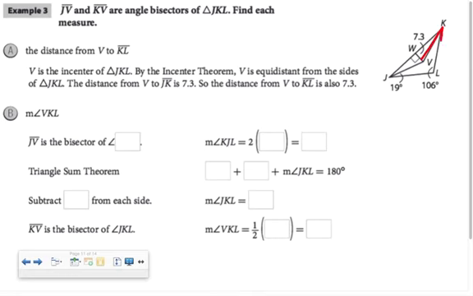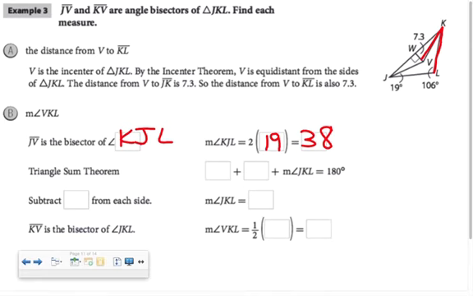That's this angle here. Well, I know that JV is the angle bisector of angle KJL. And that means that the measure of angle KJL will be 2 times 19, so that'll be 38.